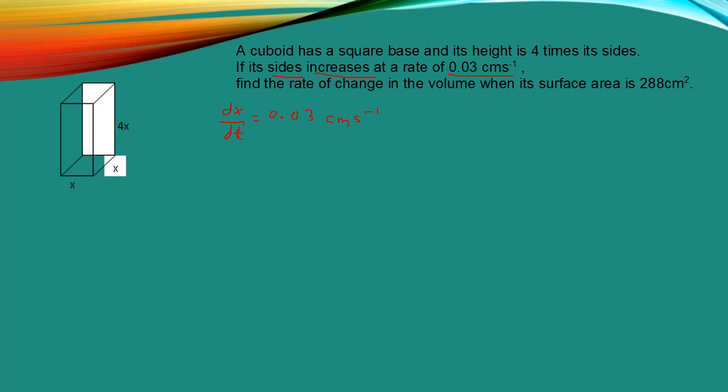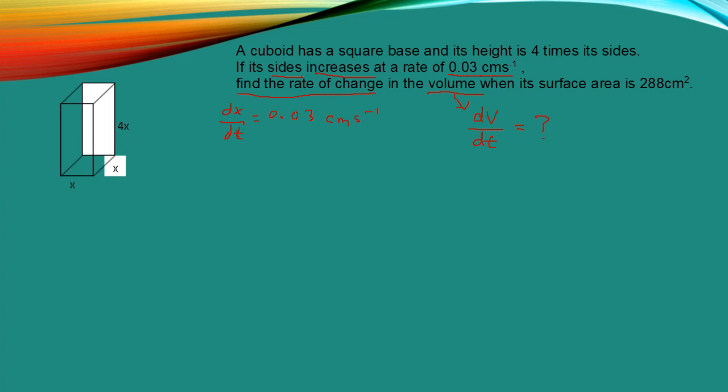Then find the rate of change in volume. So we need to find the changing of volume, so we write dV with respect to time, dV over dt. Now we need to find the value of dV over dt.